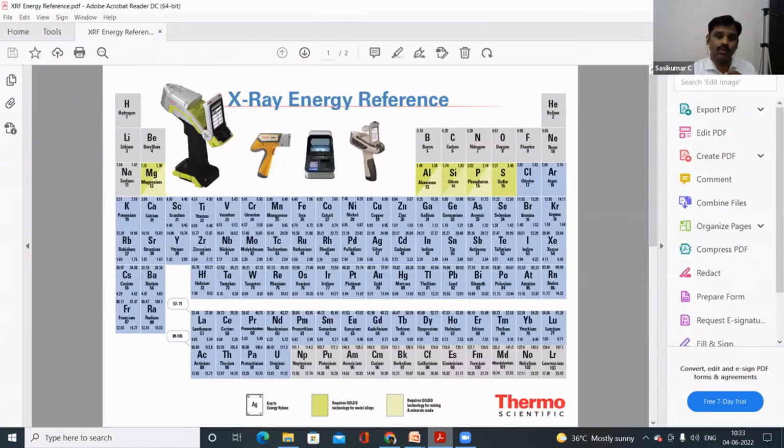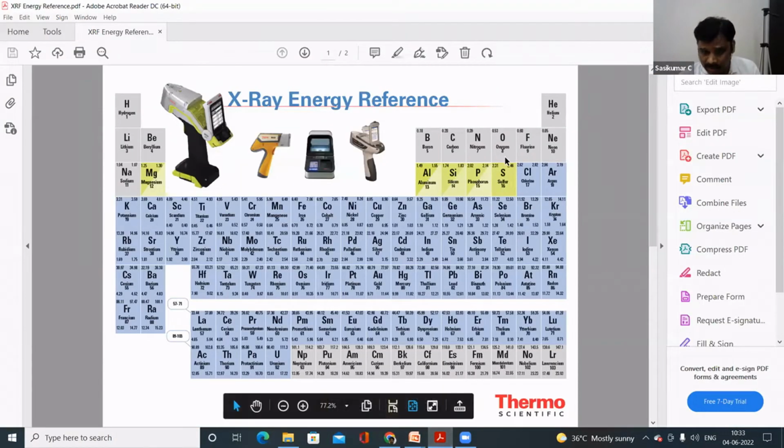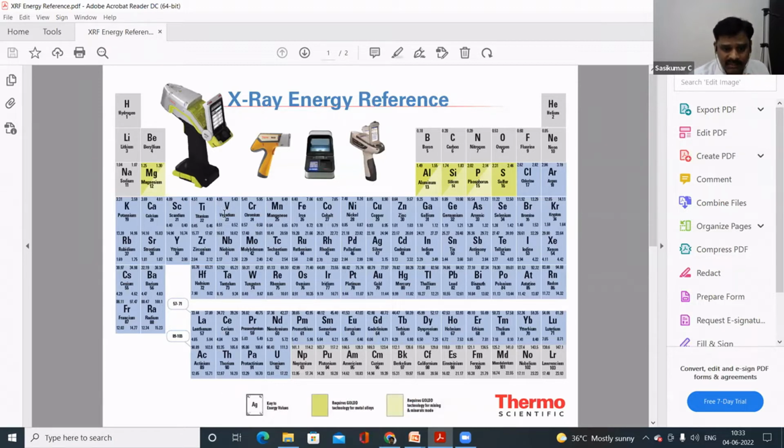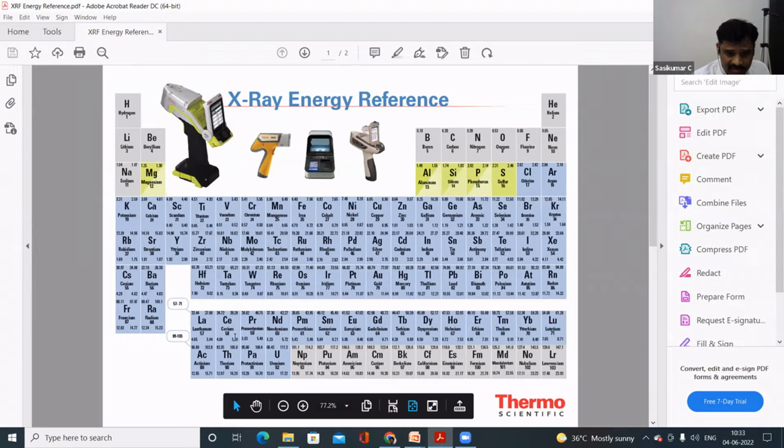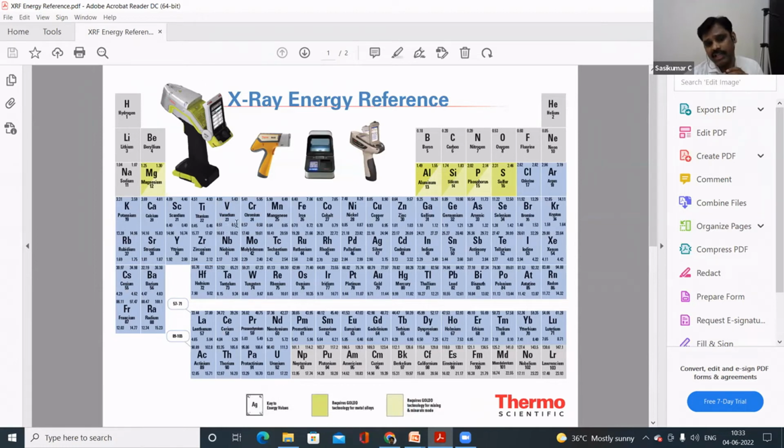If you look at this diagram, XRF charts are available. In these charts you can see four numbers around each element. These numbers designate K alpha, K beta, L alpha and L beta, and they reflect the energy of the X-rays emitted.